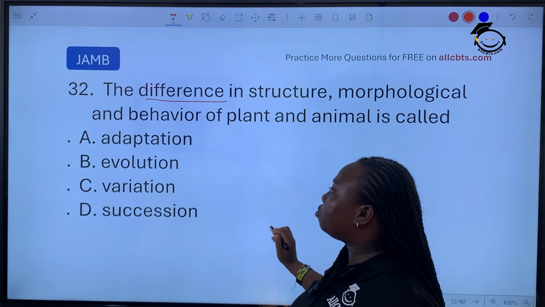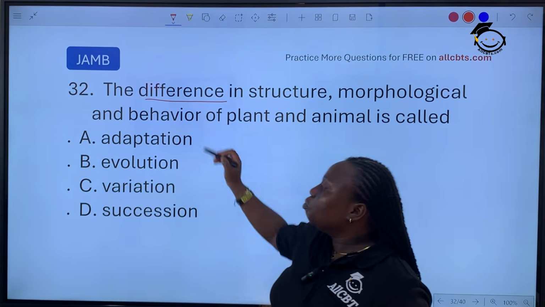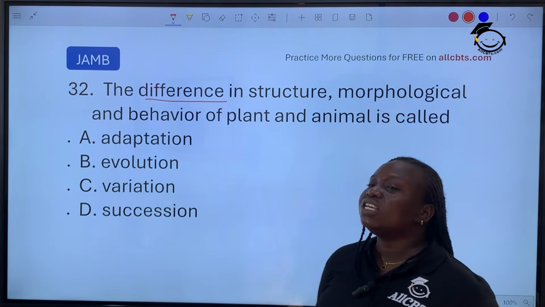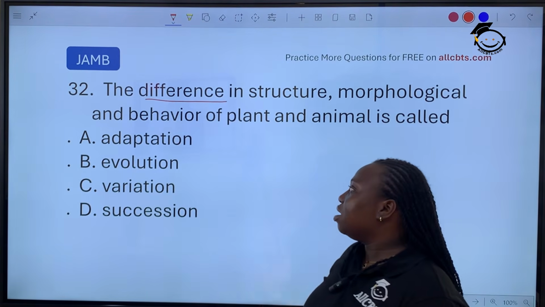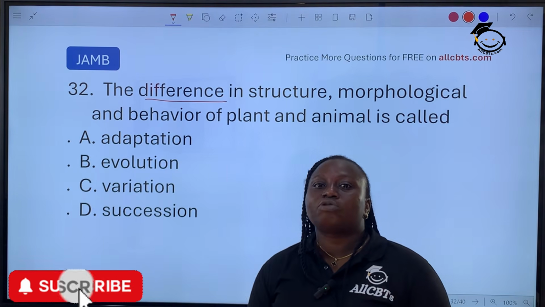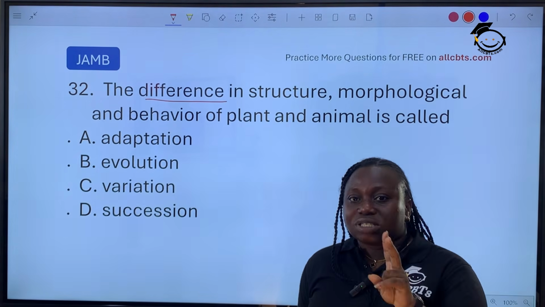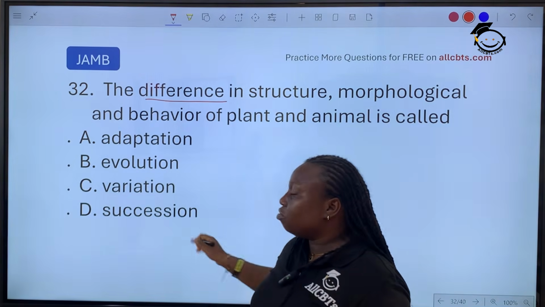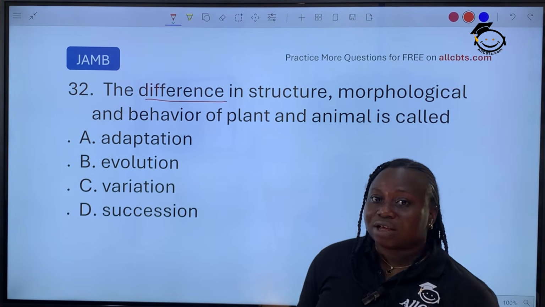D, succession. Adaptation is the modification, trying to cope in the environment. Evolution is changes that an organism goes through after a very long period of time. Variation will tell you that two organisms are not the same. Succession will tell you that these organisms will first colonize this place before this other organism.